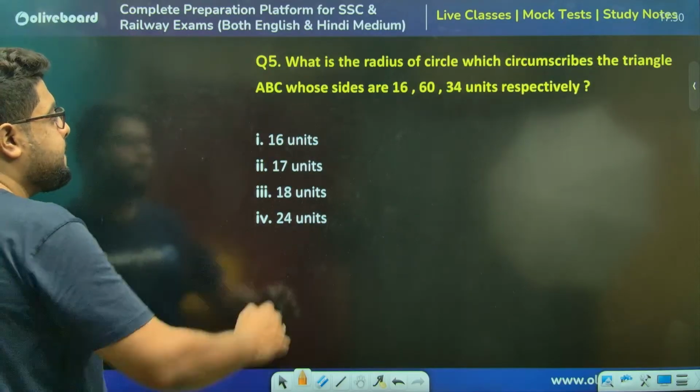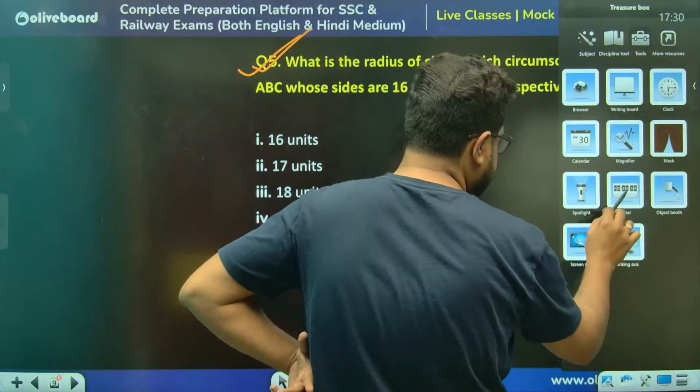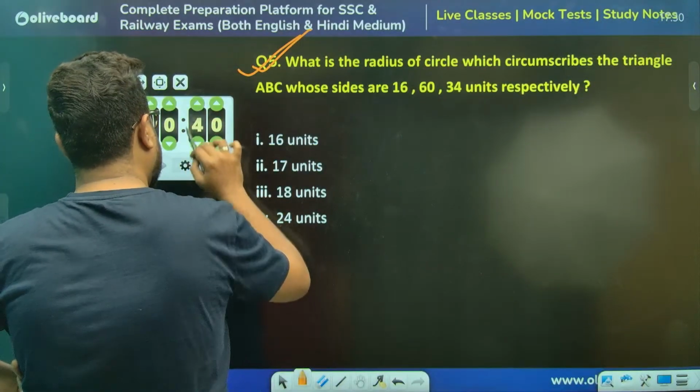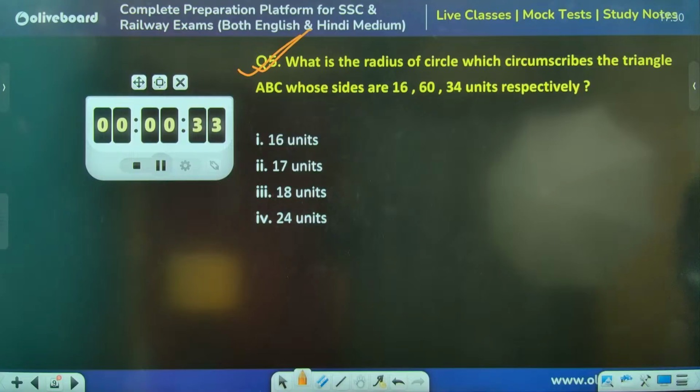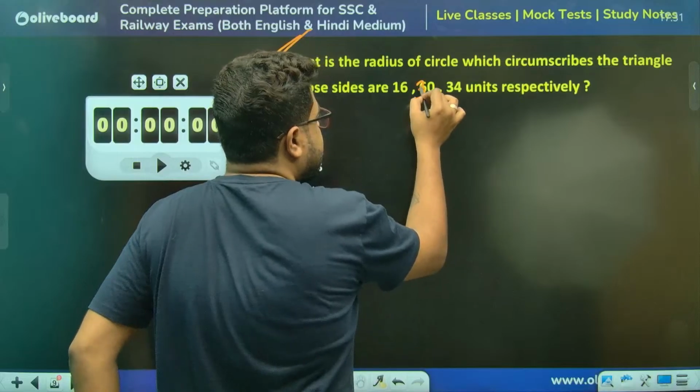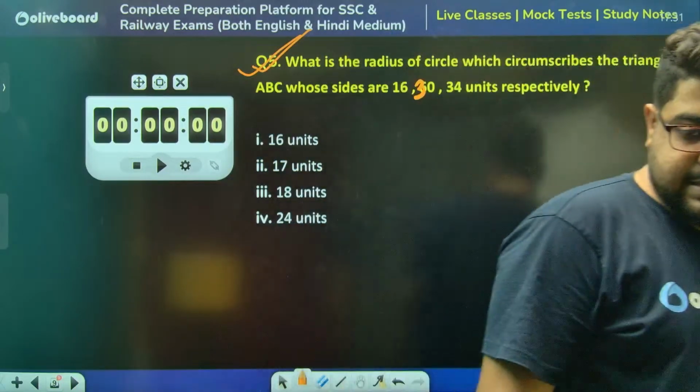Now, next one, geometry. Next question. Wait, this is 30, not 60.